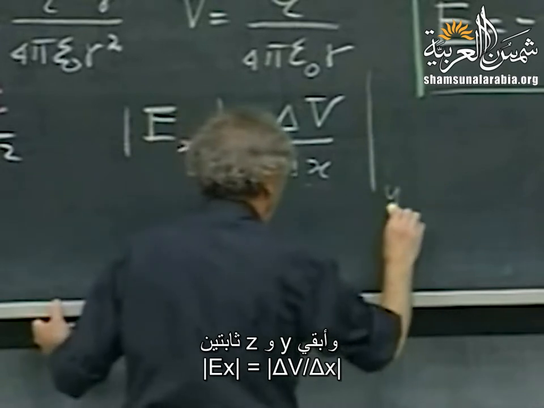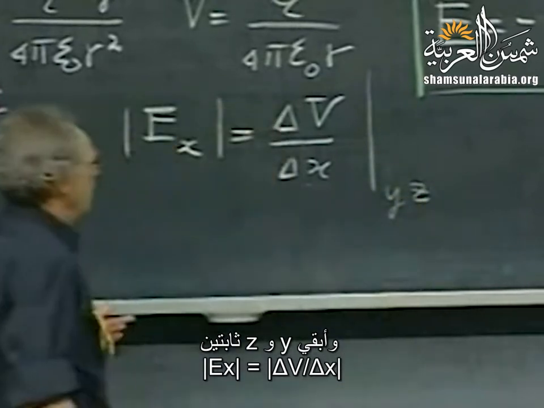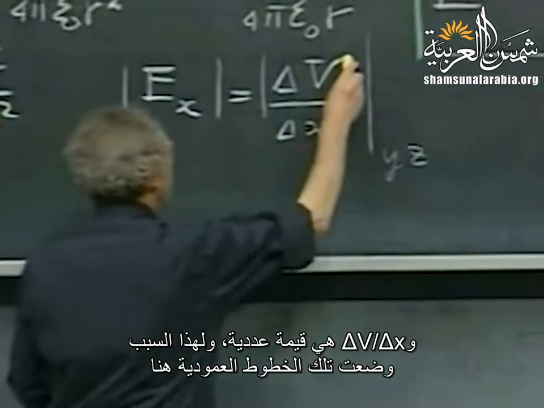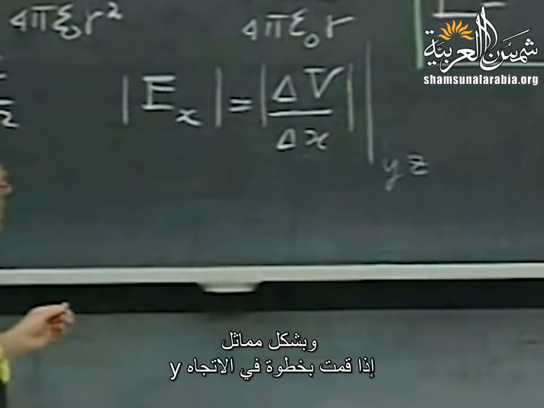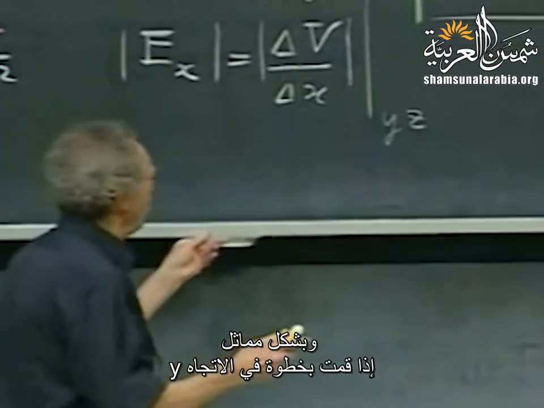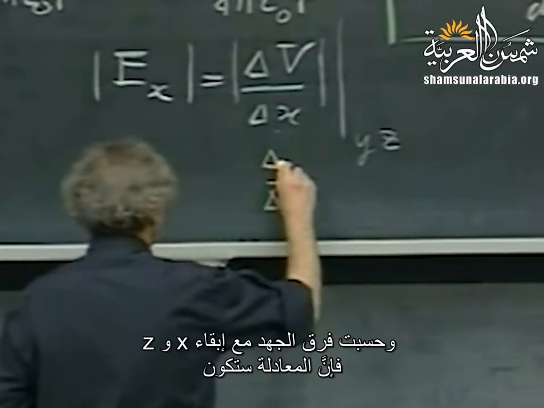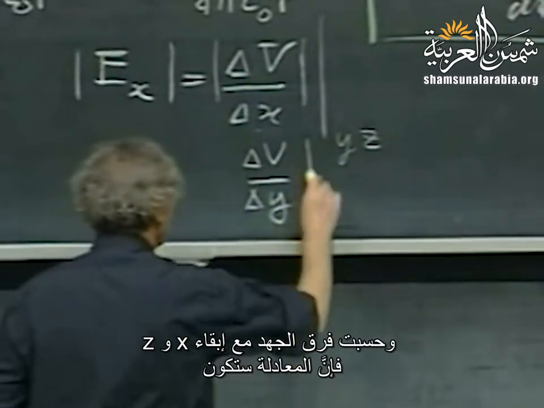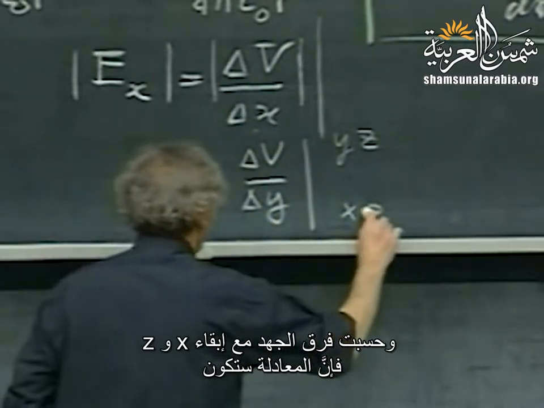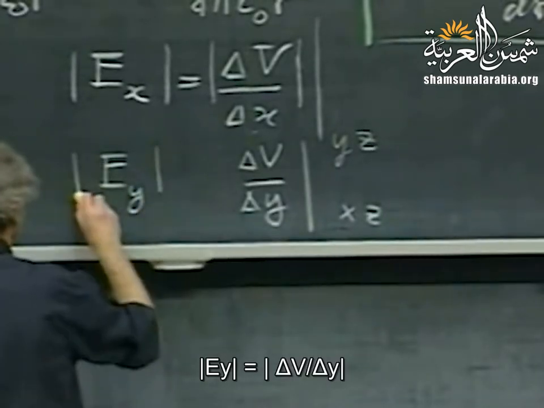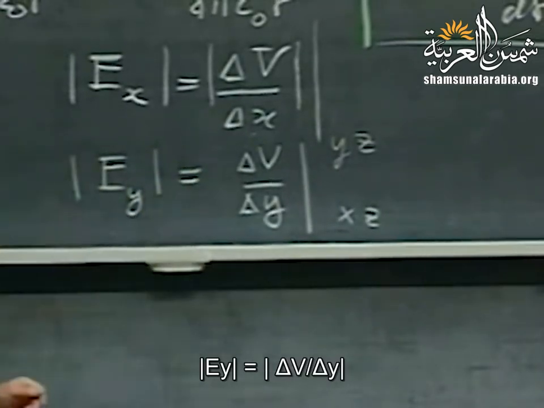And I keep y and z constant. And these are magnitudes, but that's why I put these vertical bars here. Equally, if I made a small side step in the y direction, and I measured a potential difference delta V, keeping x and z constant, that would then be the component of the electric field in the y direction.